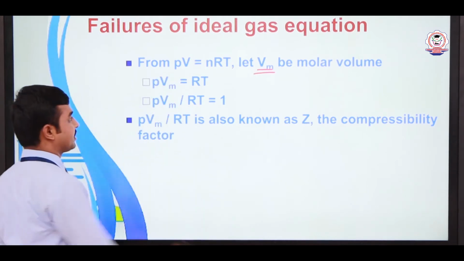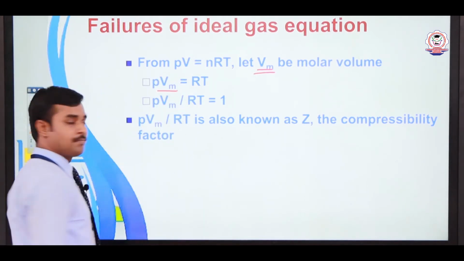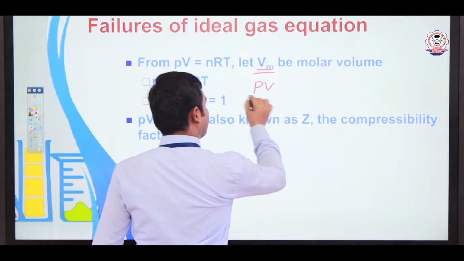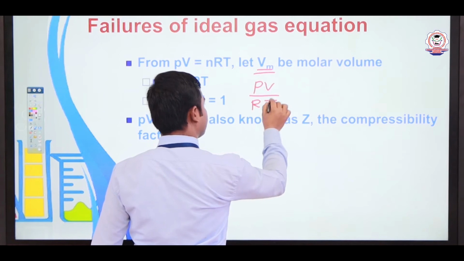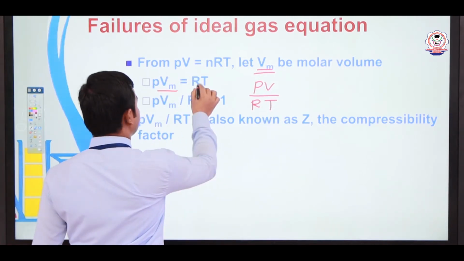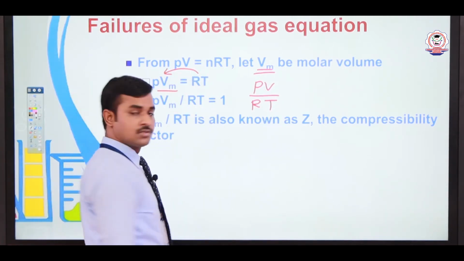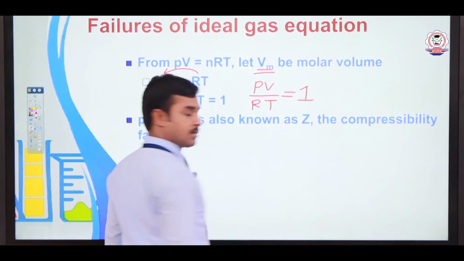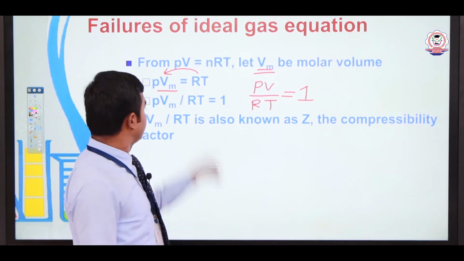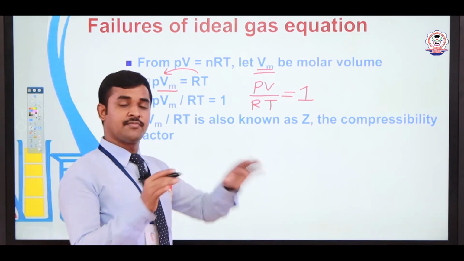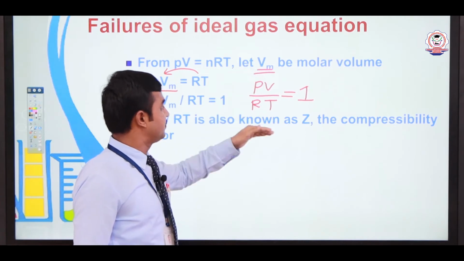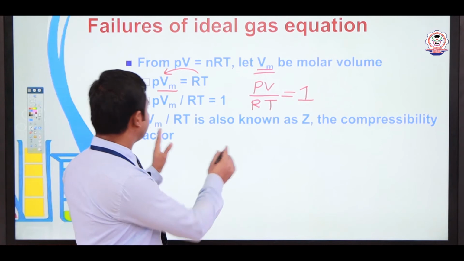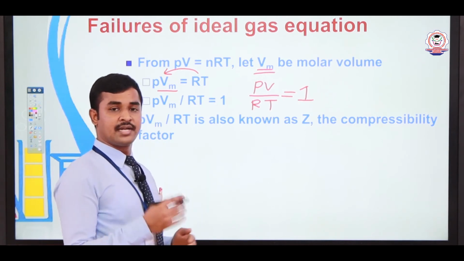So PV = nRT can be written as PVm = RT. If you take RT to the left side, PV divided by RT will come, and the value should be 1. Why does it come as 1? Because PV is equal to RT, so both values are the same, and the same values divided by itself give the answer 1. So this is the ideal behavior.